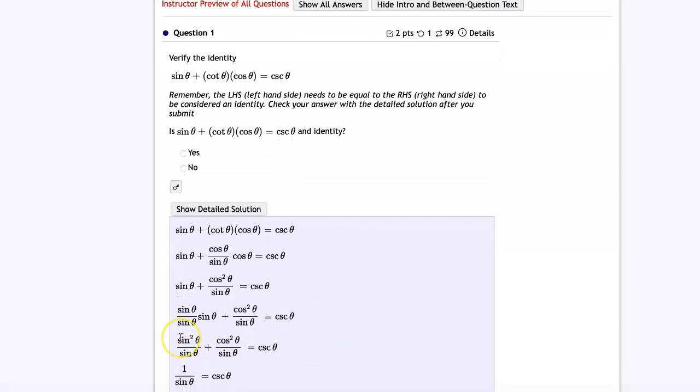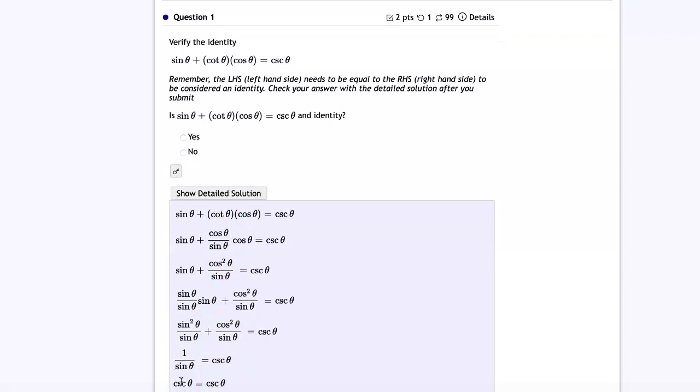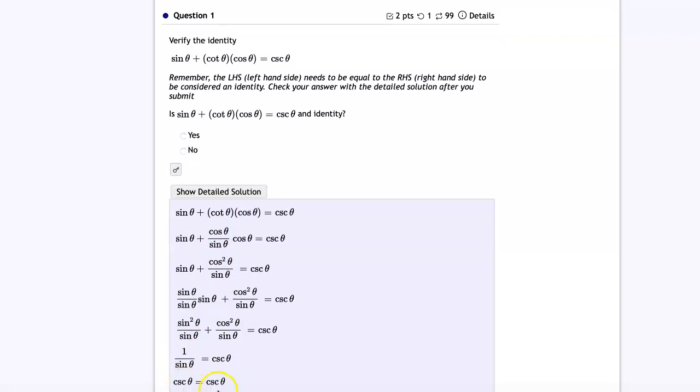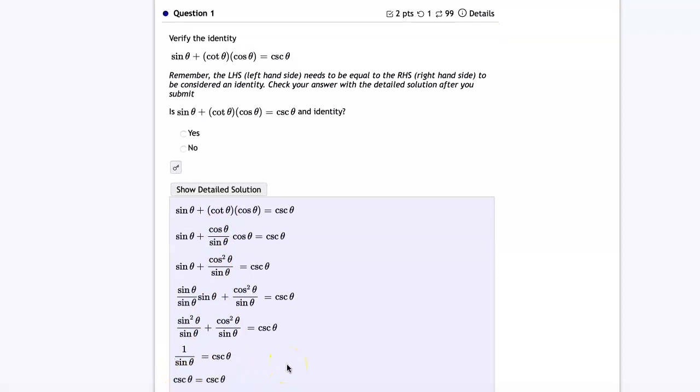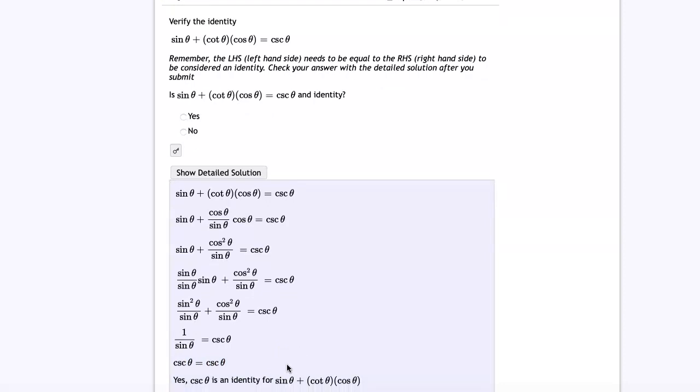Now when you combine sine squared theta plus cosine squared theta, that becomes 1. And as I had said earlier, you can replace this cosecant theta with 1 over sine, or you can just continue with the left-hand side and go all the way to cosecant theta is equal to cosecant theta. So you can verify for yourself that it is in fact an identity and select yes.